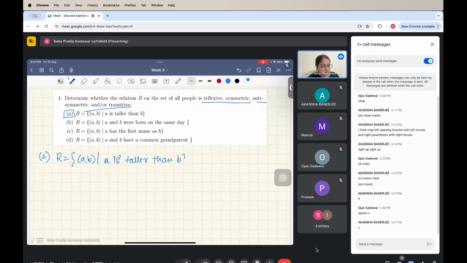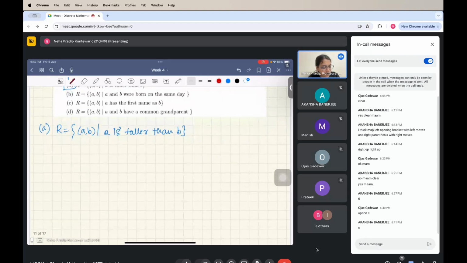So let's ask, is this reflexive? No. A is not taller than himself or herself. So clearly this is not reflexive. What about symmetry?